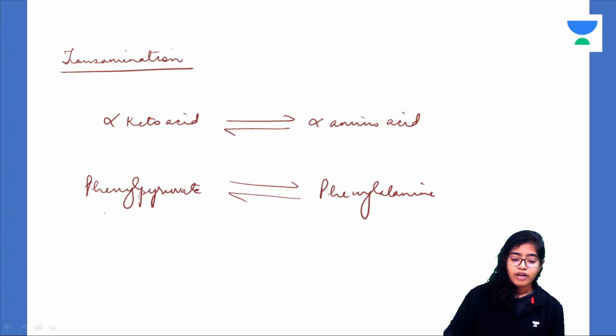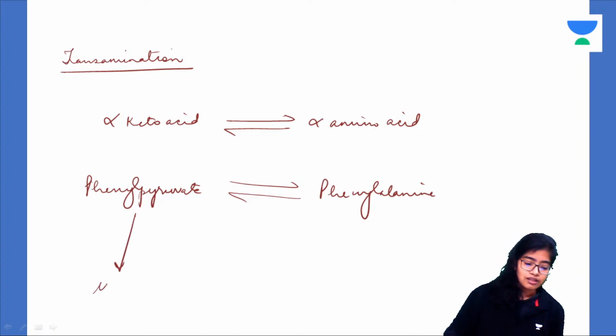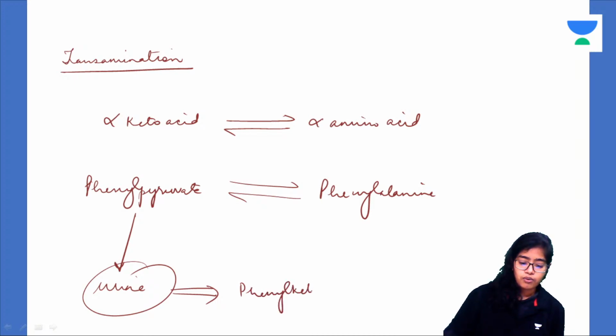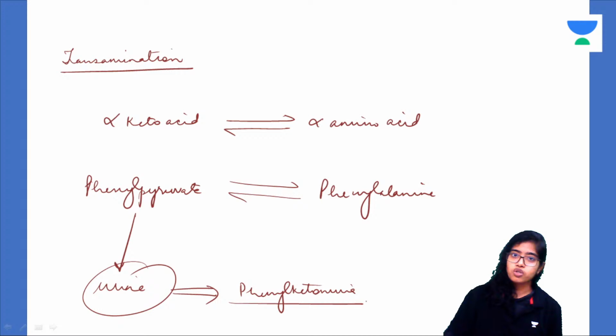This phenylpyruvate, which is a keto acid, will then be excreted in the urine. So in the urine there is presence of phenyl ketones. Therefore, it is known as phenylketonuria. Understood the nomenclature part.